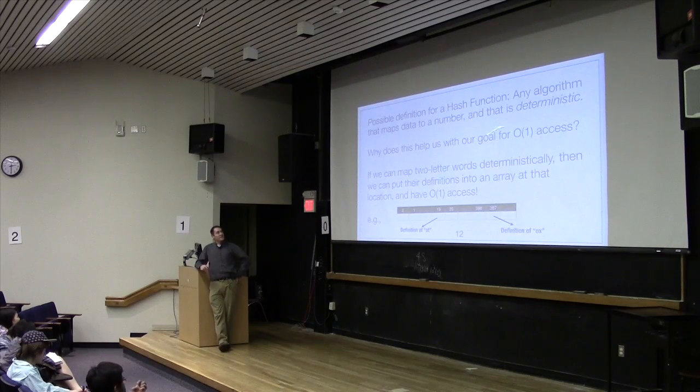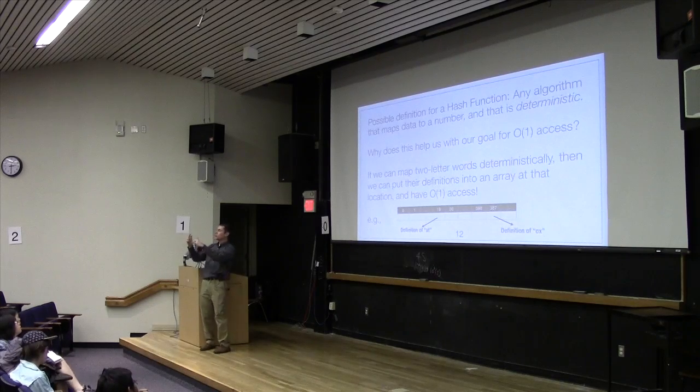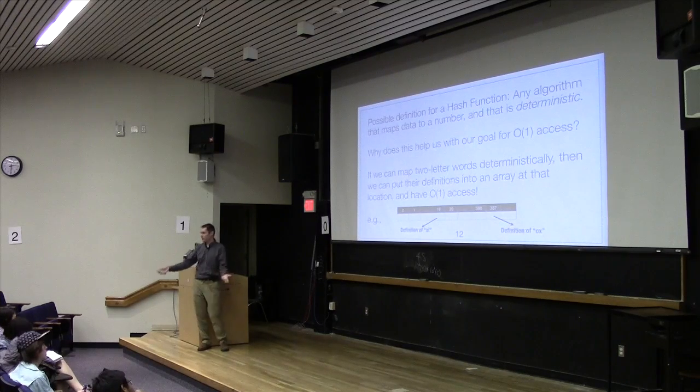Why does this help us get that order 1 access? Well, watch what we can do with that. If we have those distinct numbers, like 387 happens to be ox with our hash function, if we hash the word ox and get that 387, and then have an array, right? At the 387th point, we put the definition of ox, a bovine animal that's used for farming or whatever the definition is.